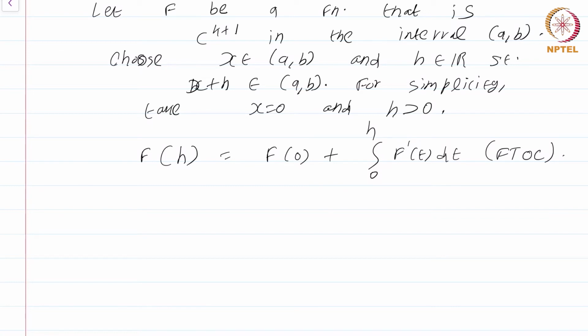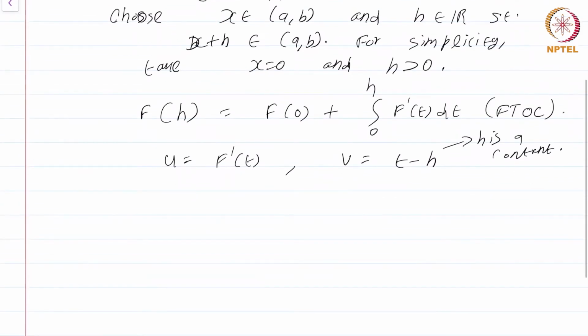What I'm going to do is I'm going to first revert back, using a time machine, back to high school notation. I'm going to take u to be f prime of t and v to be t minus h. Note h is a constant. Okay, take u to be f prime of t and v to be t minus h.